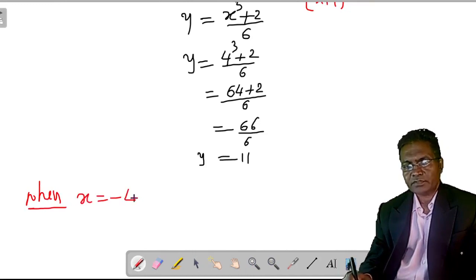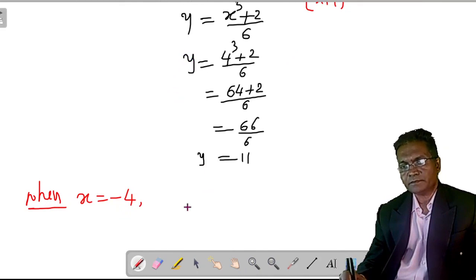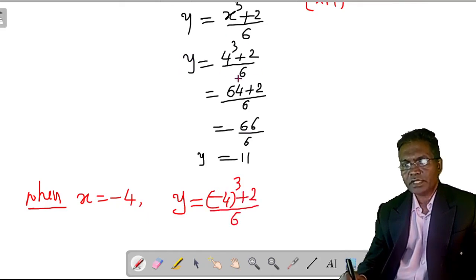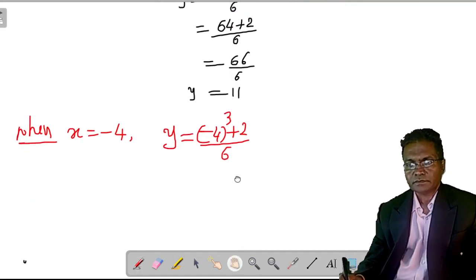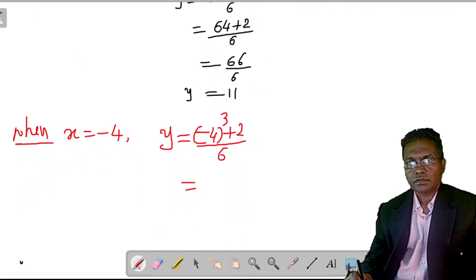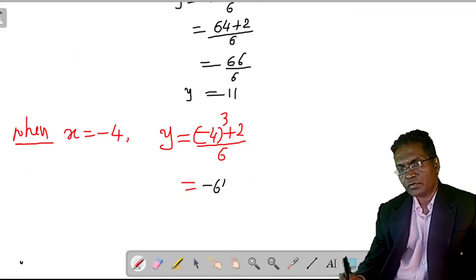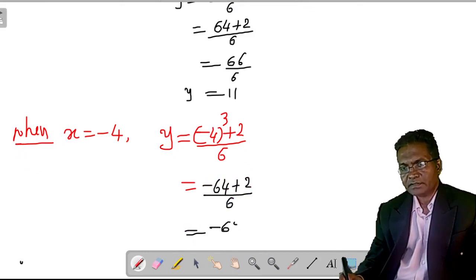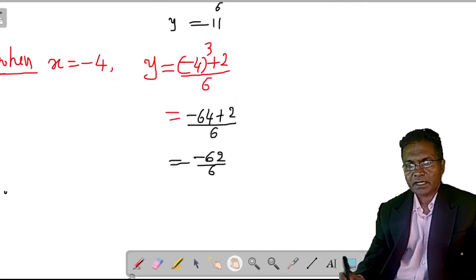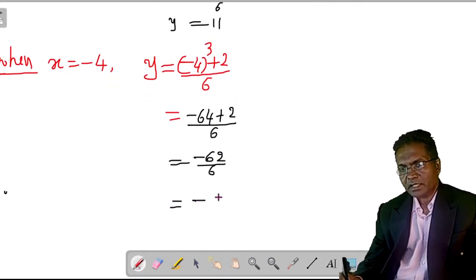Similarly, take x is equal to minus 4. So when x is equal to minus 4, what is y you need to calculate? So substitute here. So y is minus 4 cube plus 2 by 6. Okay, you substitute here. So minus 4 cube is minus 64 plus 2 by 6, and calculate, this is minus 62 by 6, and do it, minus 31 by 3 you will get.